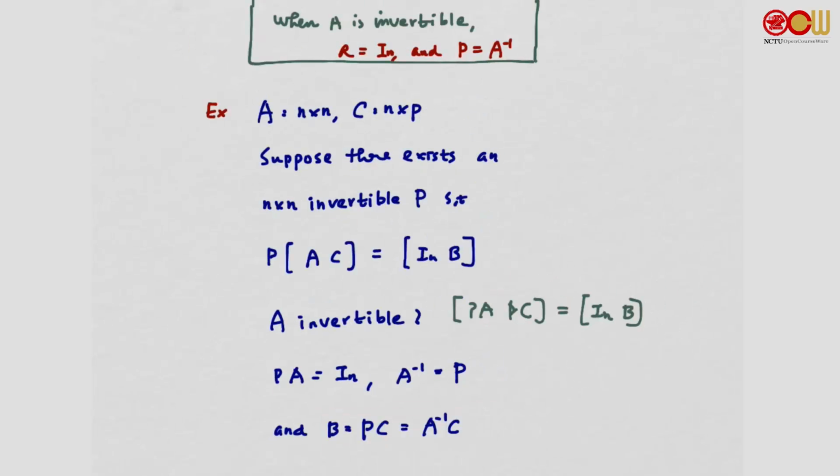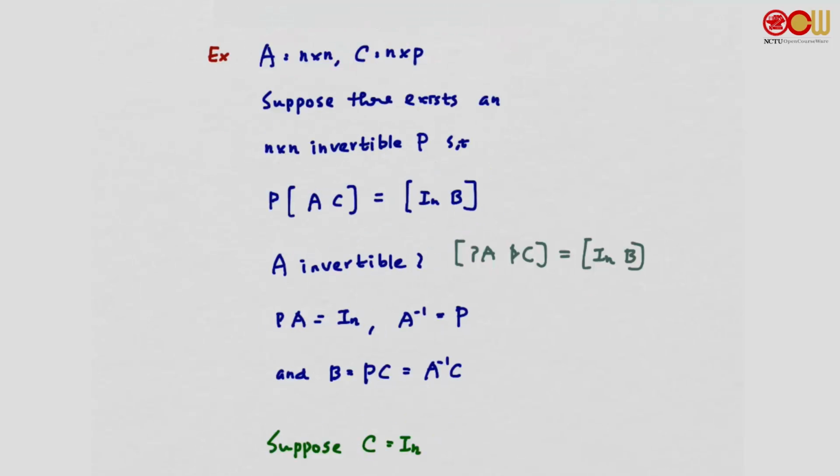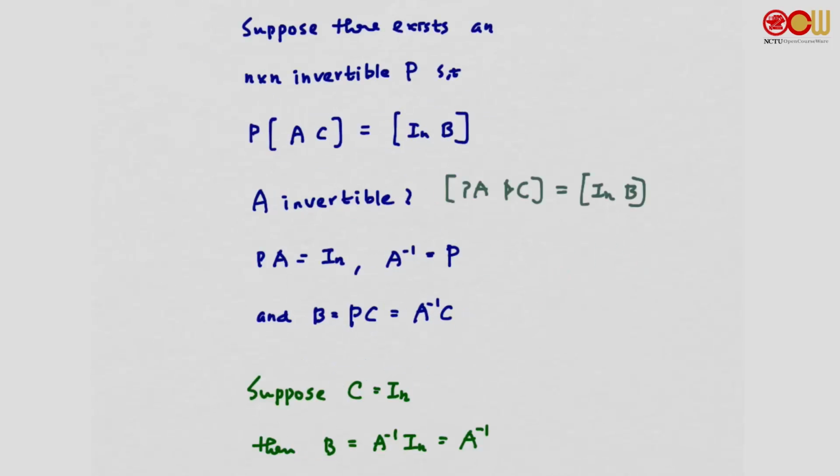And we know that the P matrix will correspond to the product of elementary matrices in performing Gaussian elimination on A. So we haven't really made the connection between Gaussian elimination and A inverse, right? So let's consider the special case that the C matrix is the identity matrix. We can always choose the C matrix to be the identity matrix right here. Then the B matrix, which is equal to A inverse C, A inverse identity, will be A inverse.